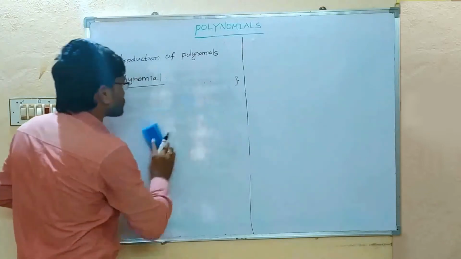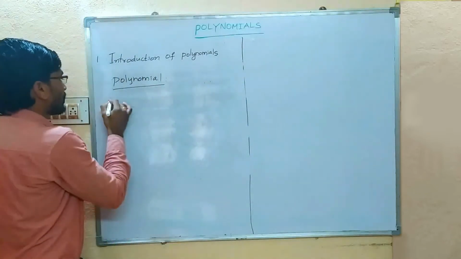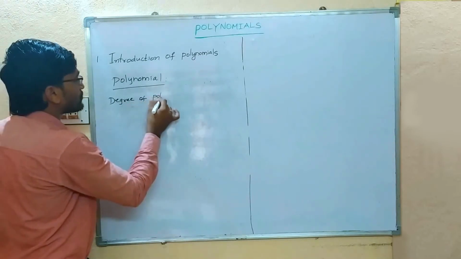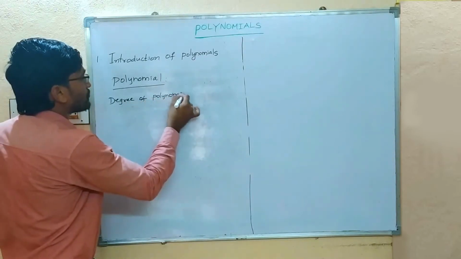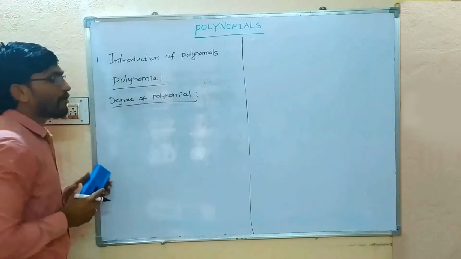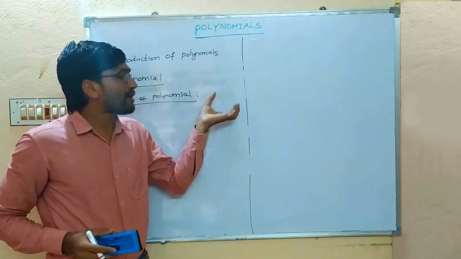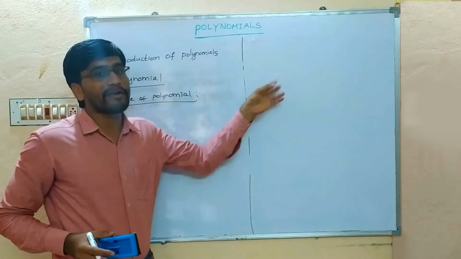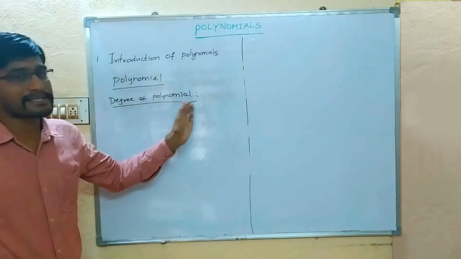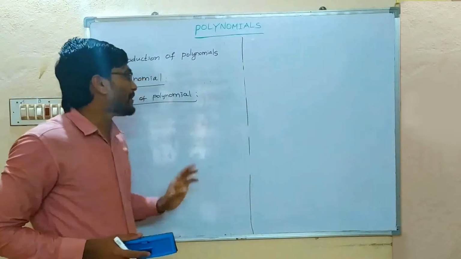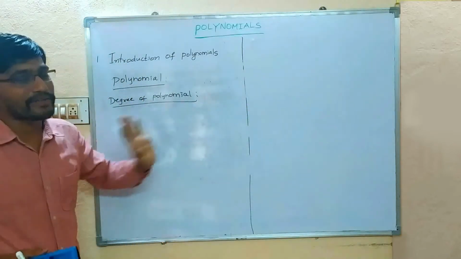Next, let us know what is the degree of a polynomial. The highest power of the variable in a term of the polynomial is called the degree of the polynomial.